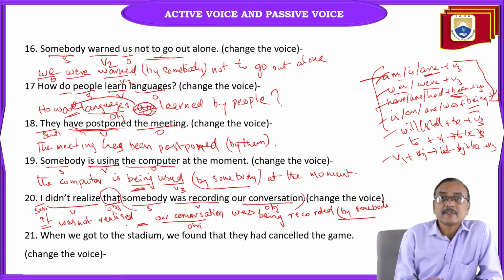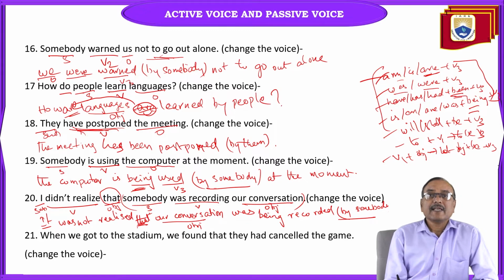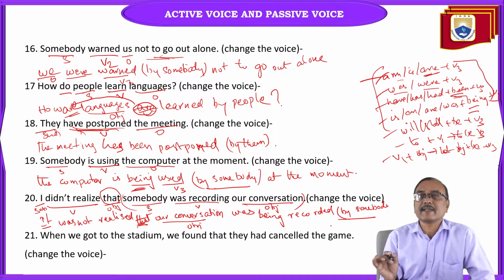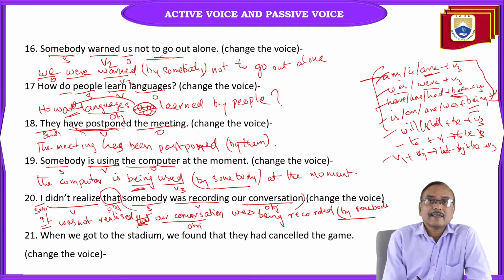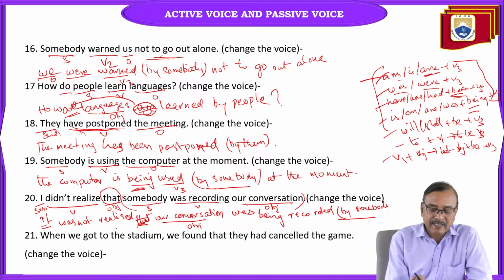Okay. So now here combine these two sentences. It was not realized that, keep a linker between them. It was not realized that, what was not realized? That our conversation was being recorded. It was not realized by me, not necessary.